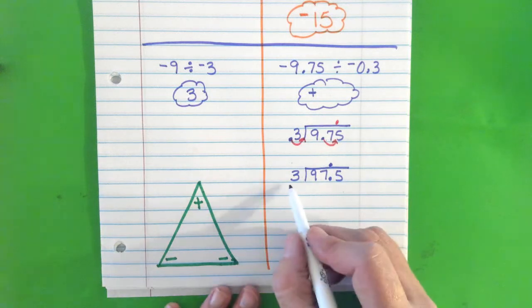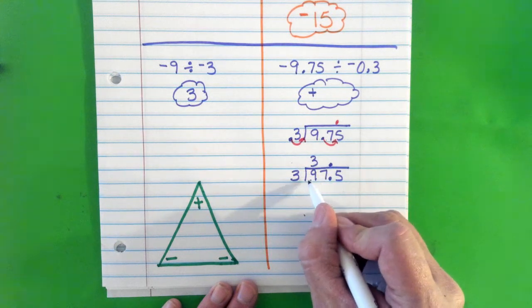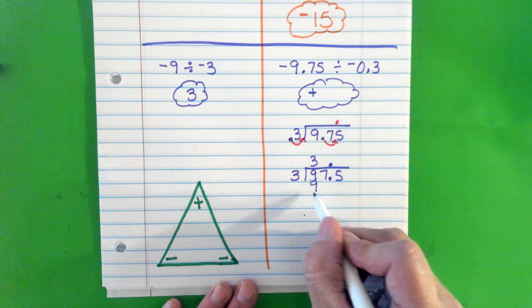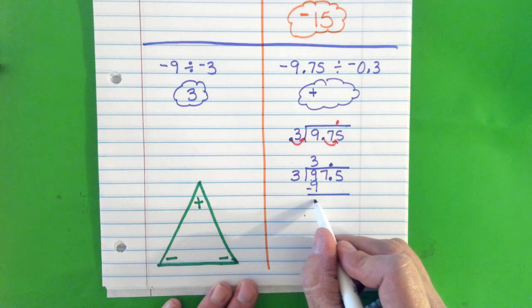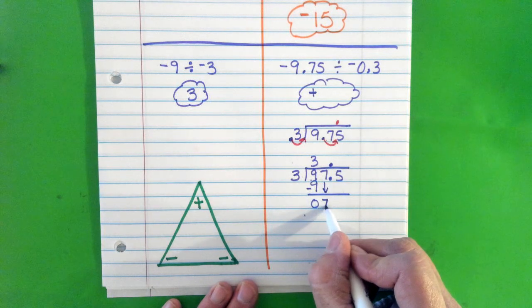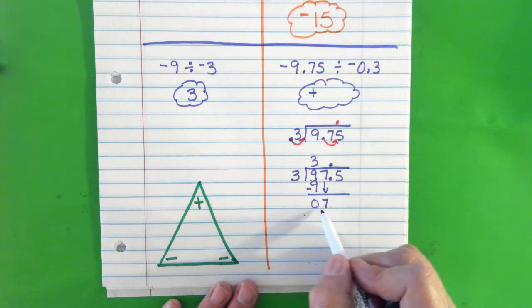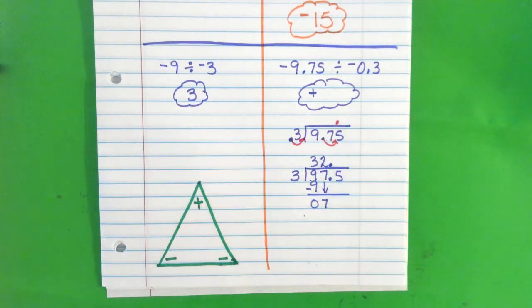How many 3's go into 9? 3. 3 times 3 is 9. Subtract. What's left? 0. Bring down the next number, 7. And above that digit, how many 3's fit into 7? 2. Okay, 2 times 3 is 6.